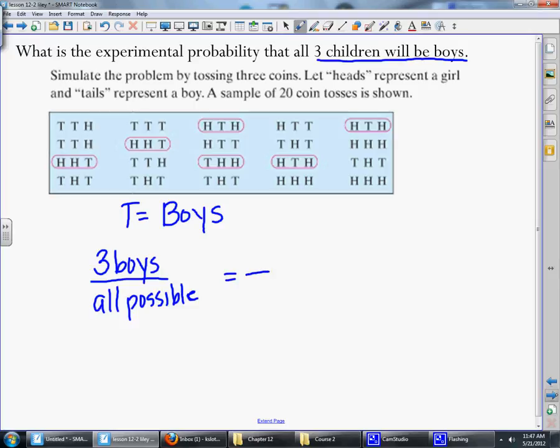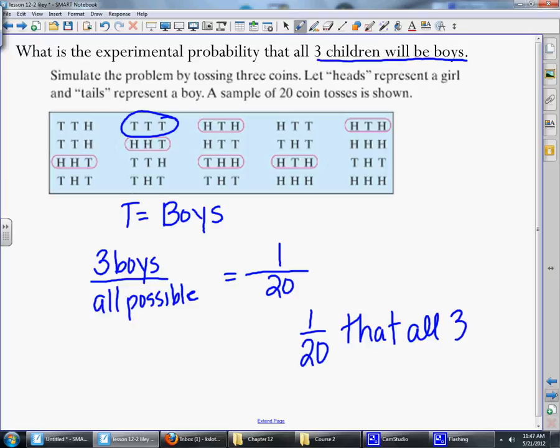We know that there are 20 different outcomes. So what is the probability that we get all boys? That means we have to have 3 T's. So it's the only one. So it's a 1 in 20 chance that all 3 are boys.